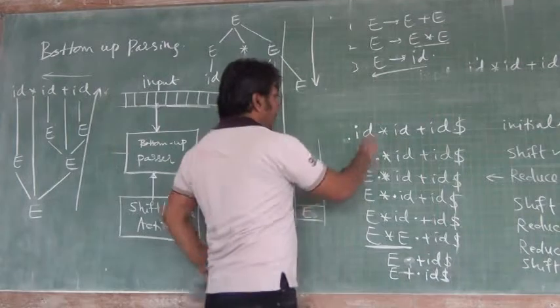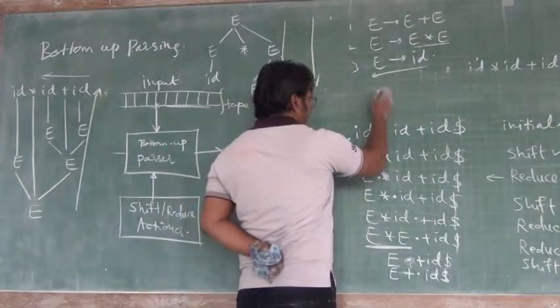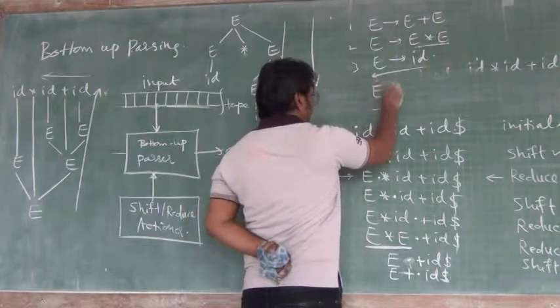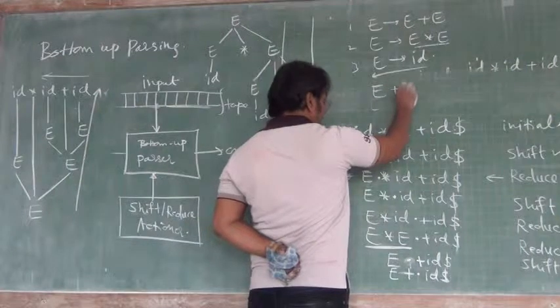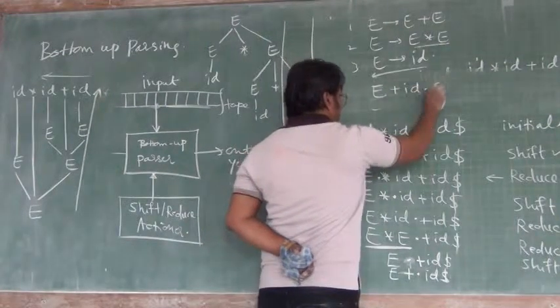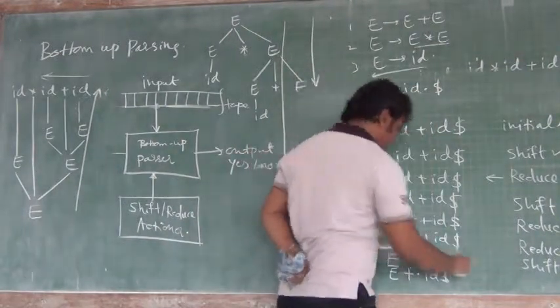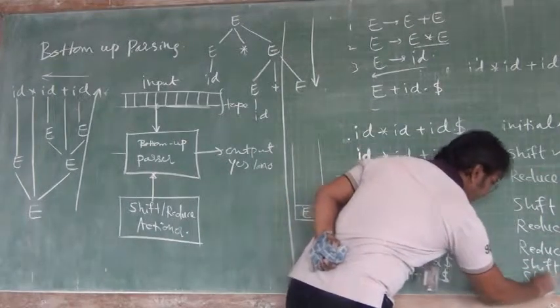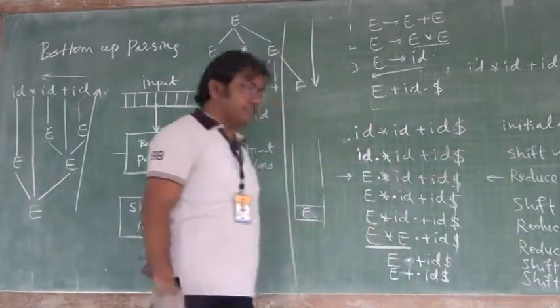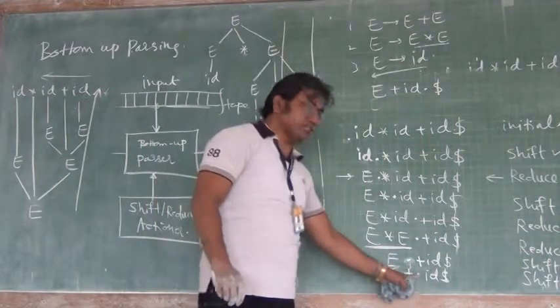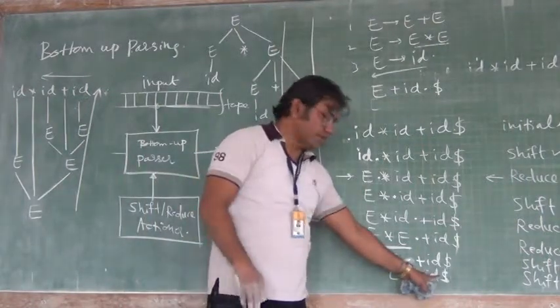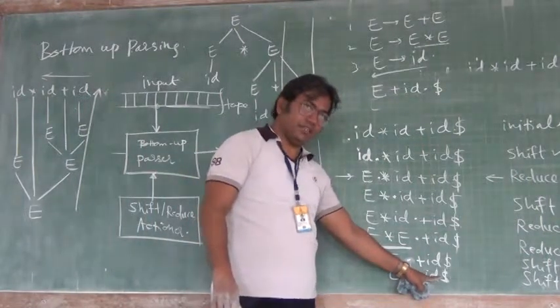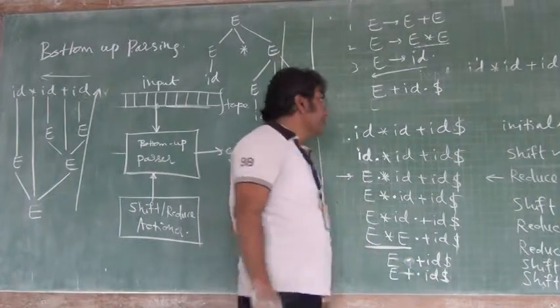After shifting, what I get is E plus ID dot dollar. What do I do here? I did the shift action. So this dot simply moves to the next symbol, after the next symbol. So this is ID.